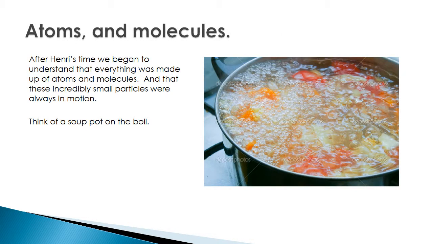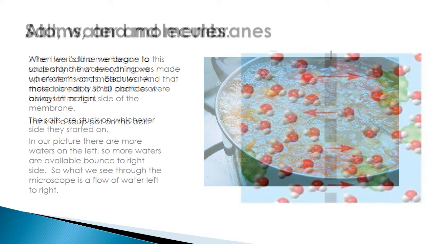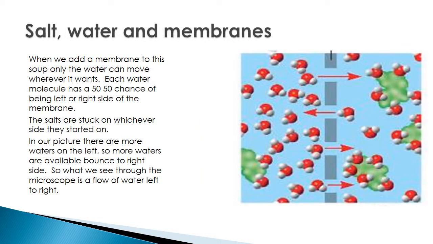After Henri's time, we began to understand that everything was made up of atoms and molecules, and that these incredibly small particles were always in motion. Think of a soup pot on the boil. When we add a membrane to this soup, only the water can move wherever it wants.